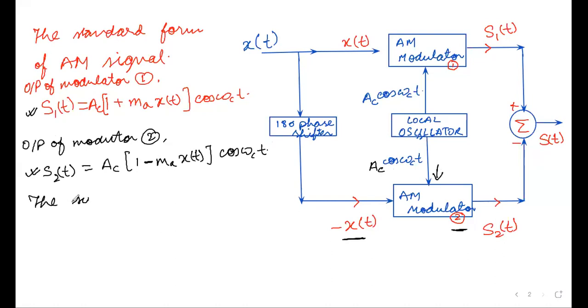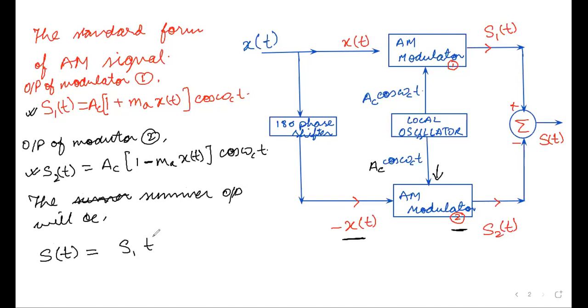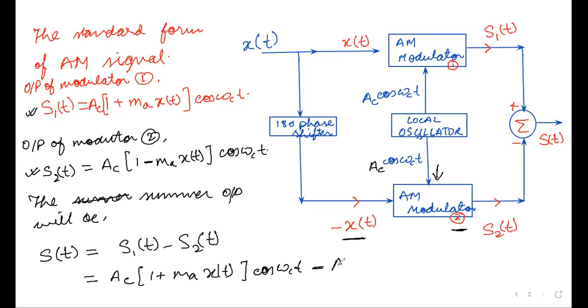The summer output, which I have taken as s(t), is nothing but s1(t) minus s2(t). Whatever the values of s1(t) and s2(t) are, we put them here. s1(t) is Ac[1 + ma x(t)] cos omega ct, where x(t) is the modulating signal, minus Ac[1 - ma x(t)] cos omega ct.